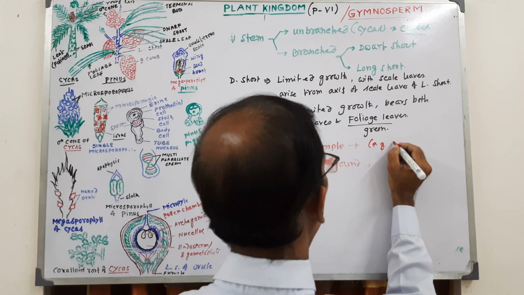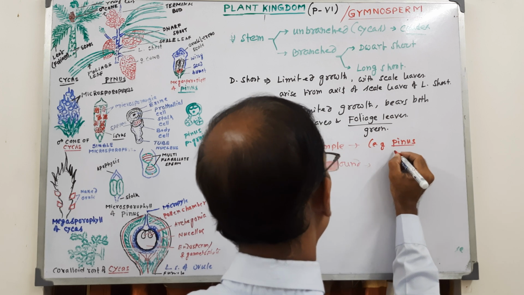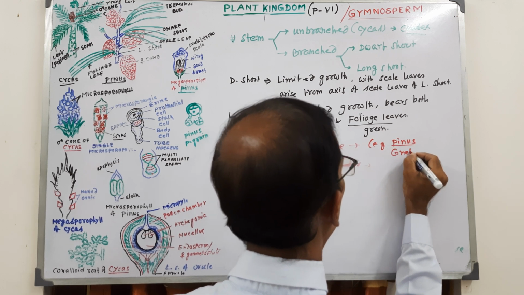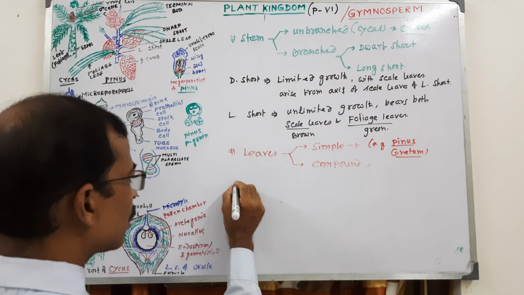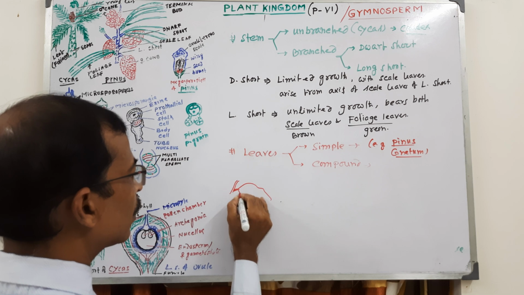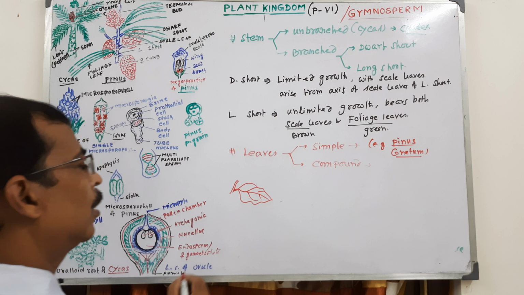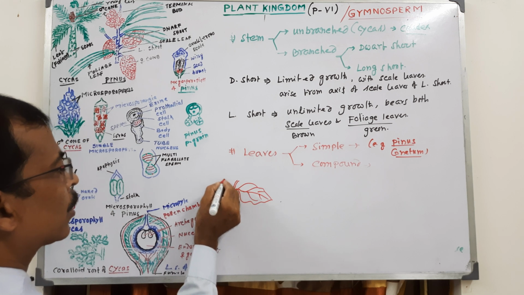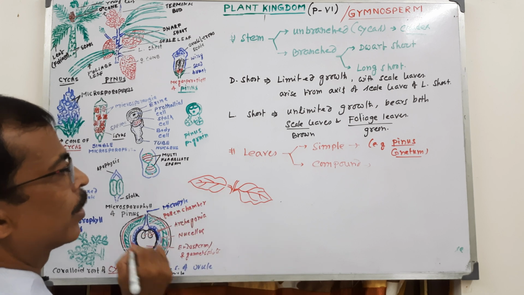Simple leaf examples are Pinus and Gnetum. In Gnetum the leaf looks like a dicot leaf, opposite decussate with reticulate venation.